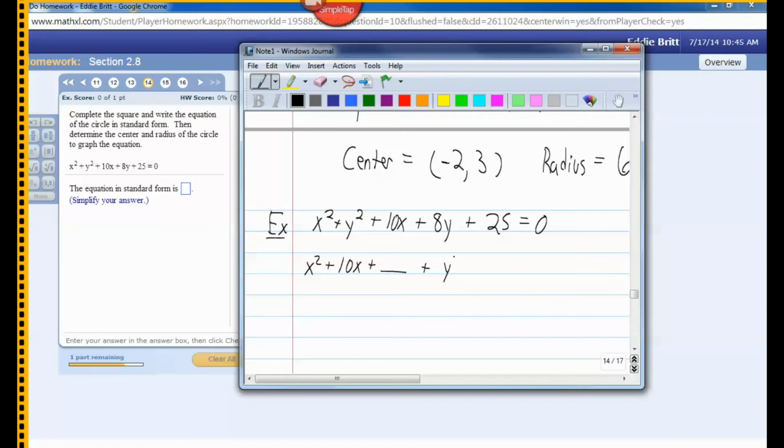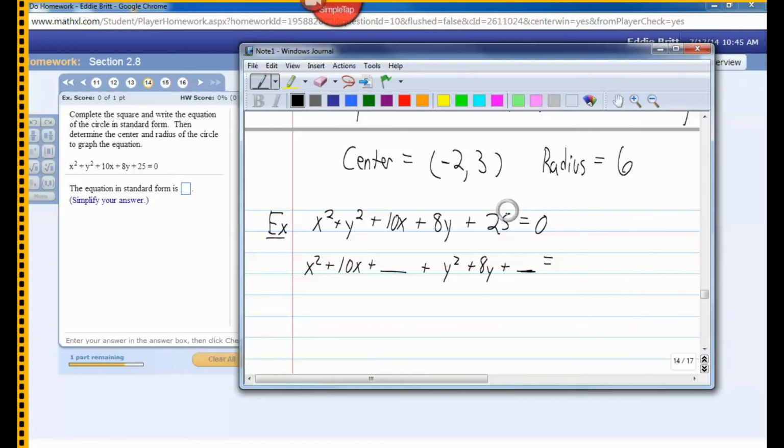Group up the y terms and put a plus blank. Then the number that we have, the constant, has no variable, move that over. So if it's a plus 25 on the left side, it's going to be a minus 25 on the right side. And we're going to put plus blank, plus blank.